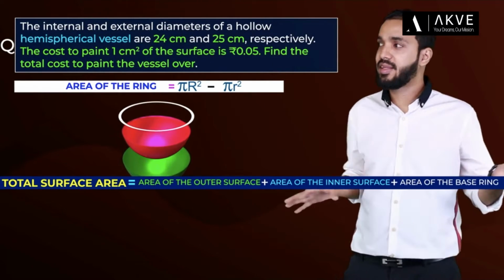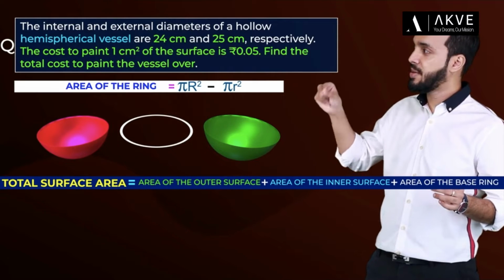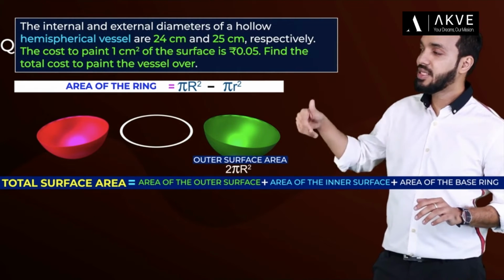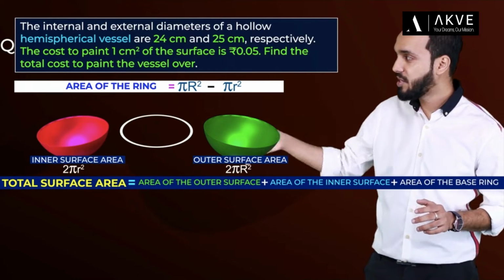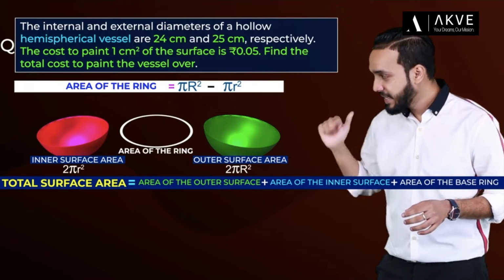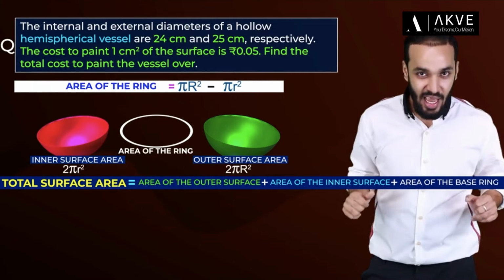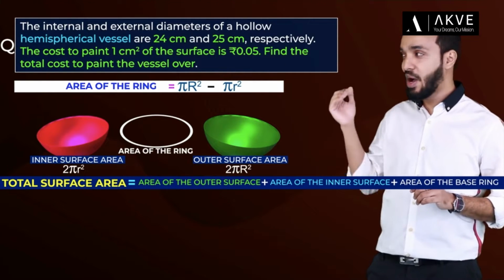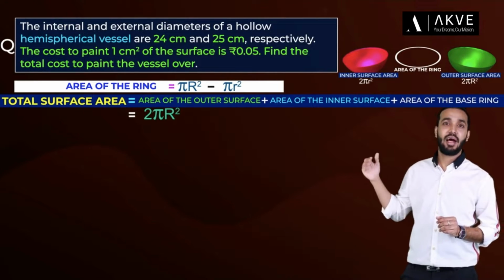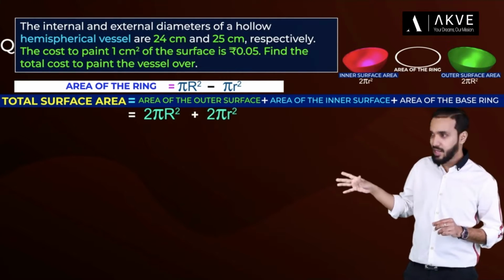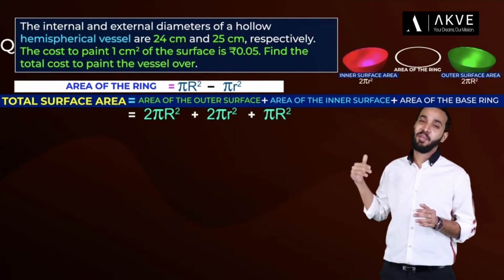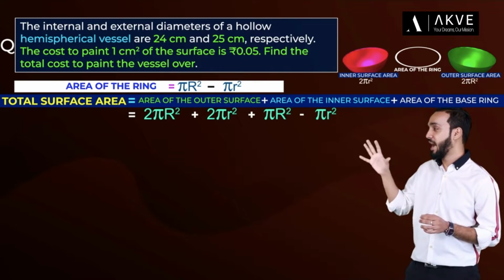Now, we agreed that the total surface area of this hemispherical vessel is the outer surface area plus the inner surface area plus the area of the ring. So, on using the respective formulae in this equation, we get the total surface area of this hemispherical vessel is equal to 2 pi capital R squared plus 2 pi small r squared plus pi capital R squared minus pi small r squared.